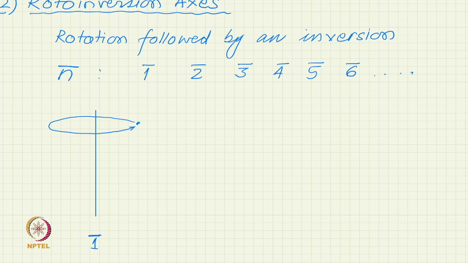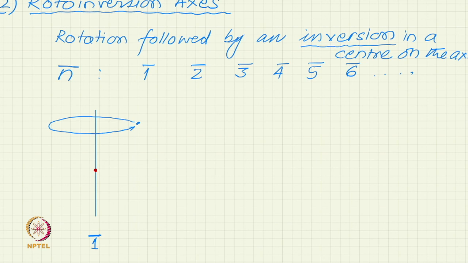So I come there itself, and followed by an inversion. Inversion requires a center on the axis. So I have to identify a point also on the axis, then only it will become a roto inversion axis, otherwise it will remain a rotation axis. So a roto inversion axis has an axis with a point.